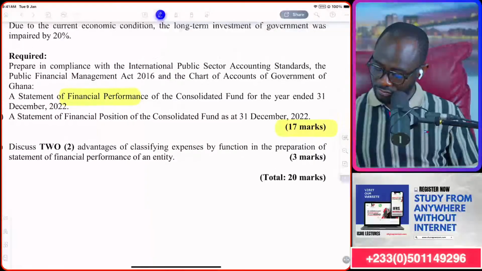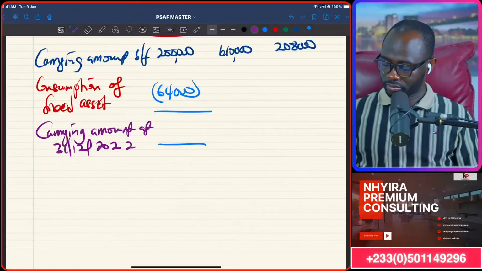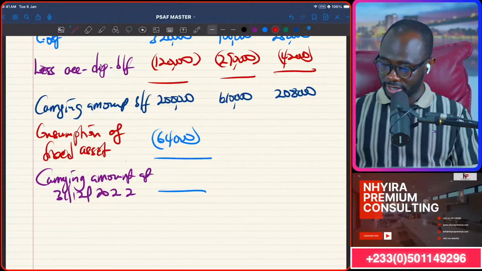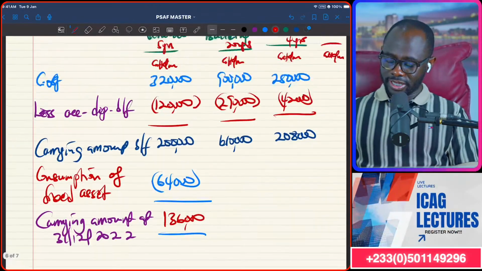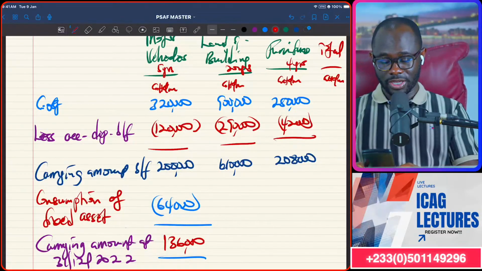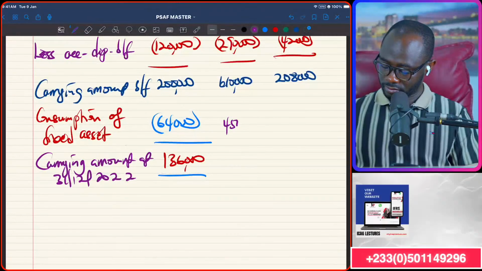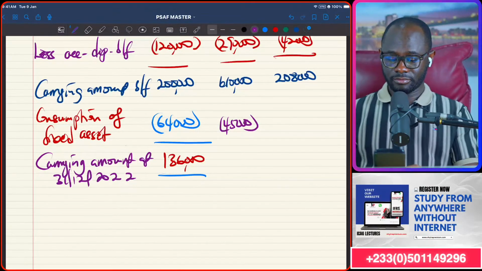Hey, relax. Is it 2024? No, 2022. Okay. So that'll be 136. Building is 20 years. So 900,000 divided by 20 is 45,000. 45,000 minus 610.